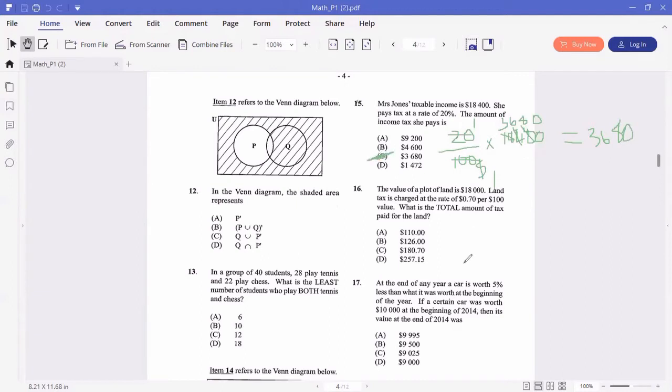Now the value of a plot of land is 18,000. Land tax is charged at a rate of $0.70 per 100 value. So 70 cents for every $100 in value. Now what is the total amount of tax paid on land? Now you need to find out how many hundreds you can get out of 18,000 first and foremost.